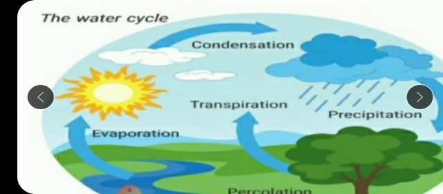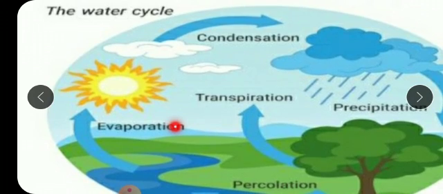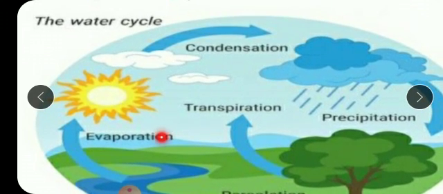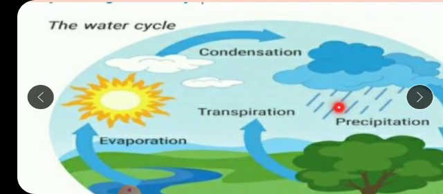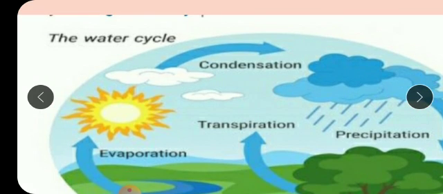So basically water cycle is a combination of three processes: evaporation, that is boiling of water; condensation, that is cooling of water vapor; and when we get the rains, that water vapor gets cooled down, and what we get is the rain, formation of rains. So this is nothing but the water cycle. Did you understand about the water cycle children?